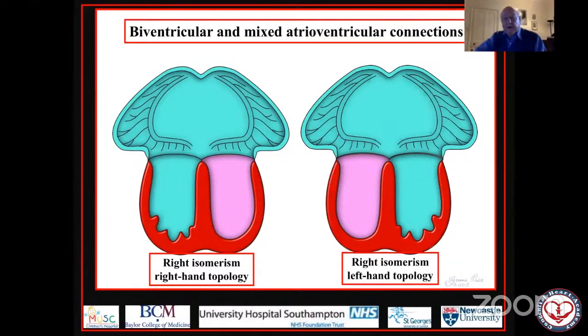So these connections are biventricular and mixed. The only way of distinguishing between them is also to describe the topology of the ventricular mass. And now Diane is going to illustrate to you how we can still, in this setting, recognize the ventricular topology in the setting of isomeric atrial appendages.